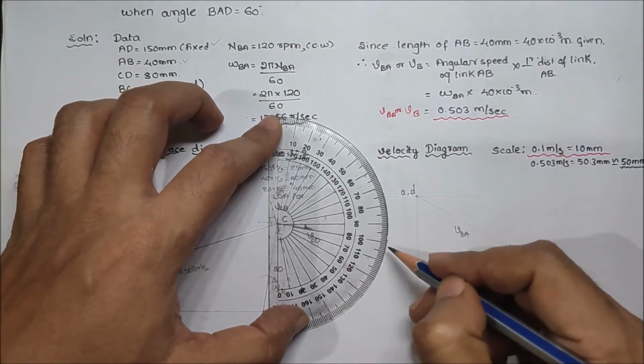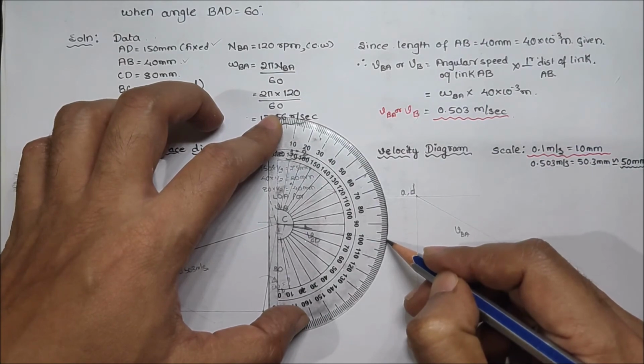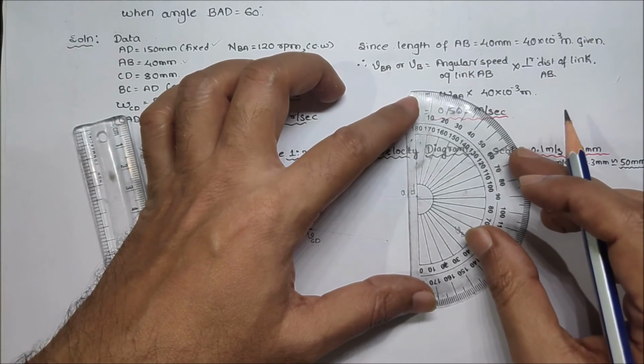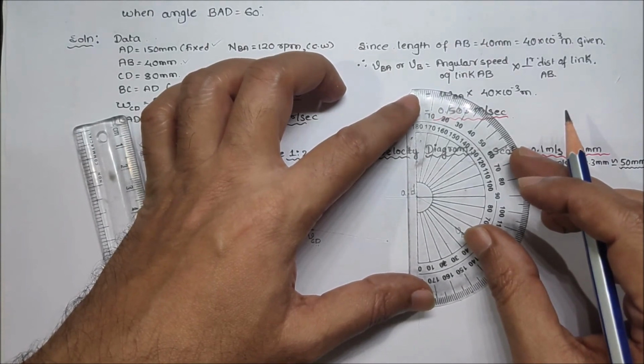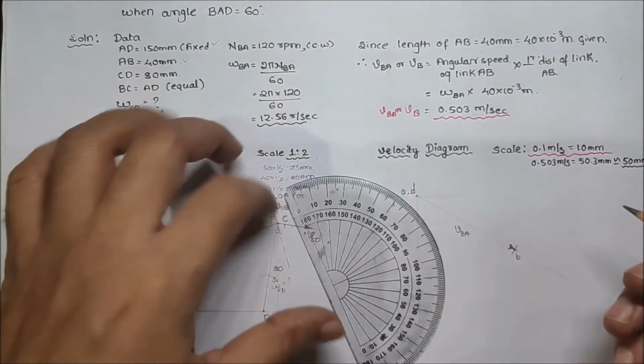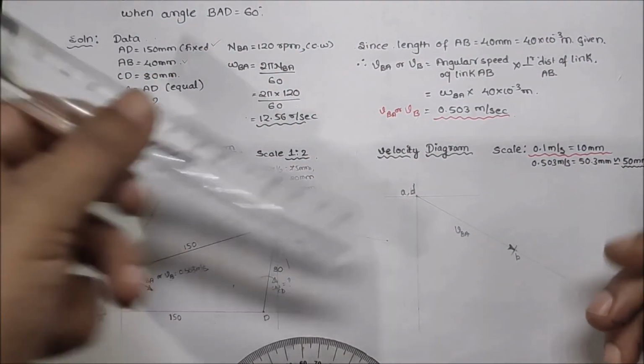When I measured, it is somewhat 81 degrees. So you are going to measure from this one, bring it here at point 1. So 81 degrees.